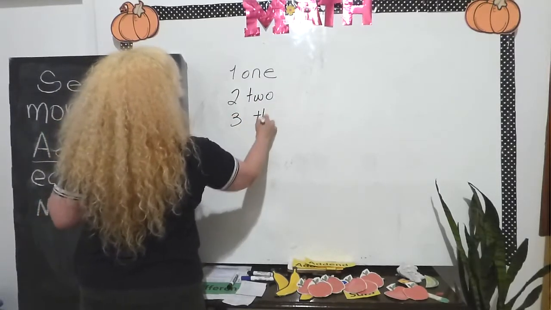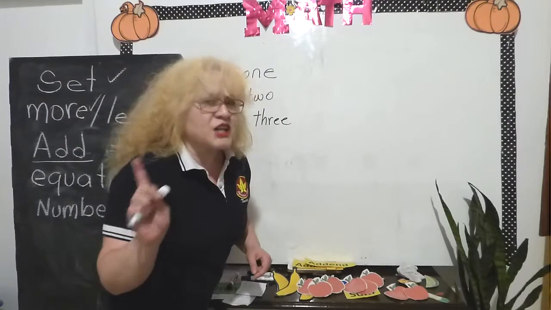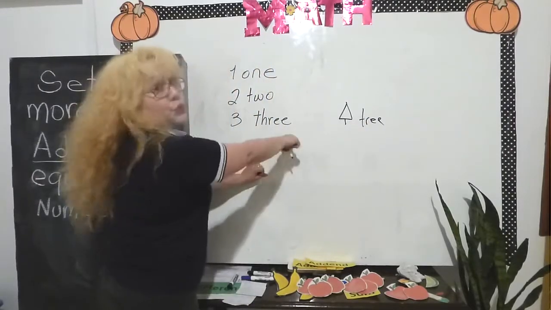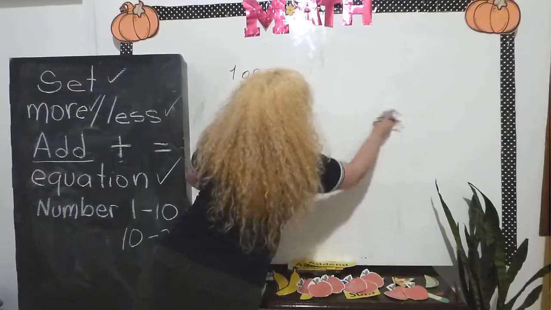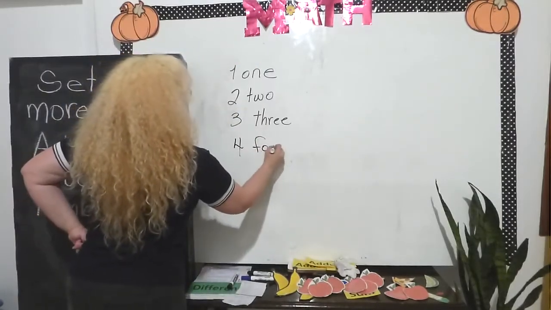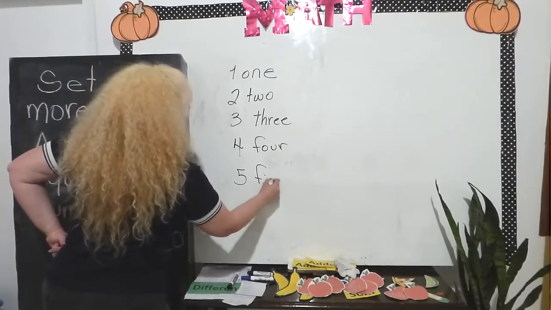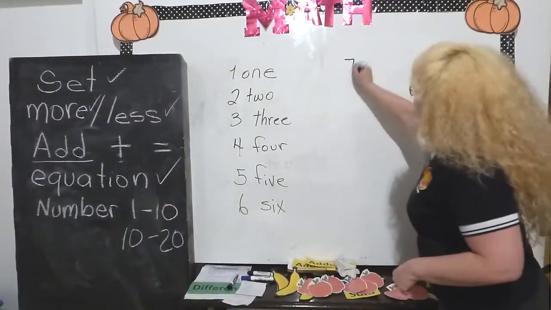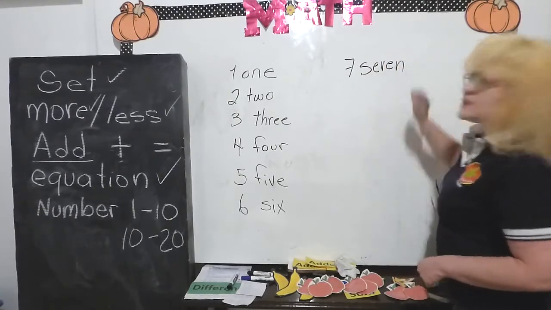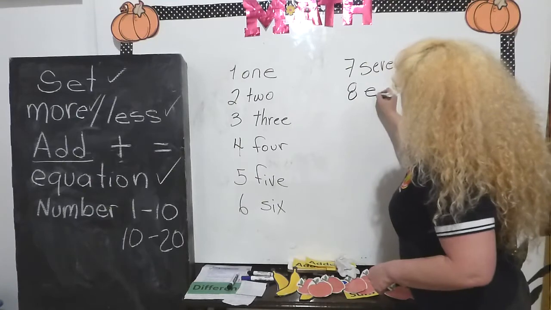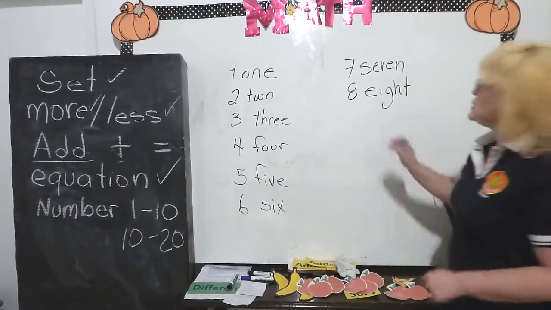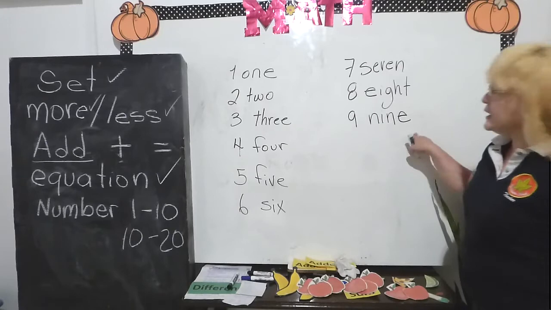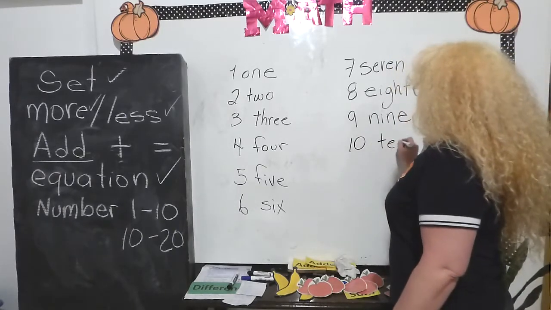2, 3, not tree. Not tree. That's a tree. 3. 4. 5. 6. 7. 8. 9. 10.